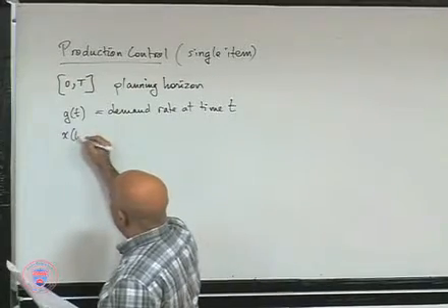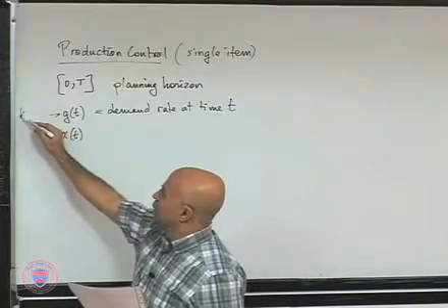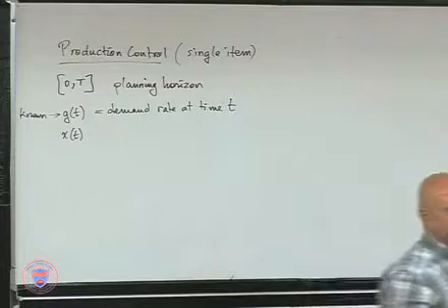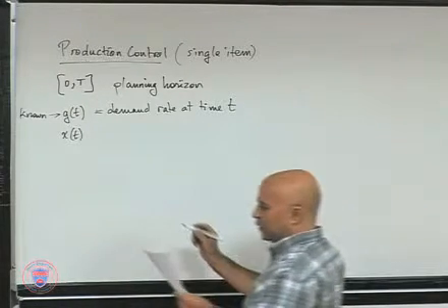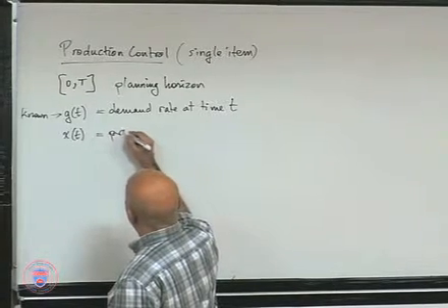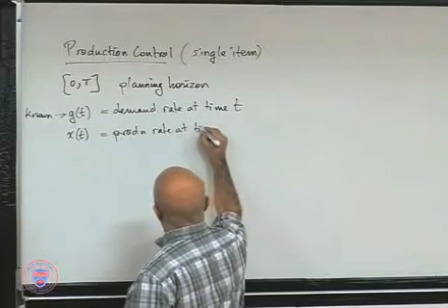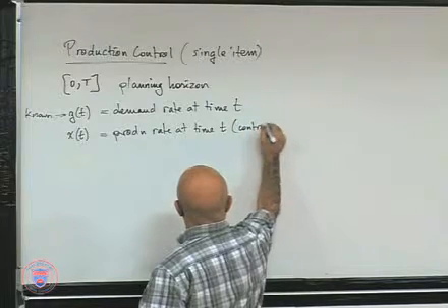This is known, either in functional form or in whatever form it comes. x of t is a decision variable. It's the production rate at time t. This is your control variable.